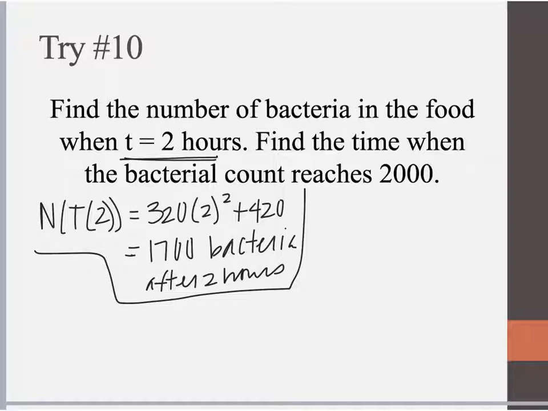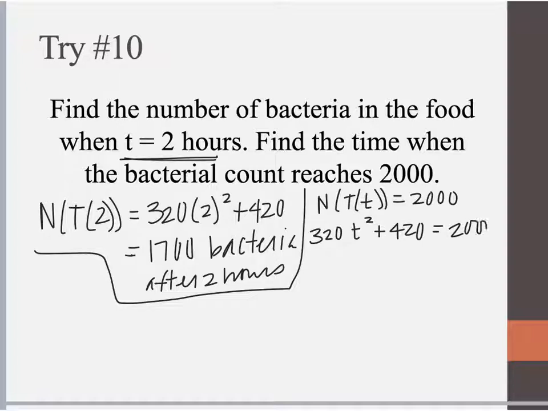The next one says find the time when the bacterial count reaches 2,000. So what that means is that n of T of t is 2,000. So in other words, I'm setting it equal to 2,000. So in other words, 320t squared plus 420 equals 2,000. I'm going to subtract 420. I'm left with 320t squared equal to 1,580.